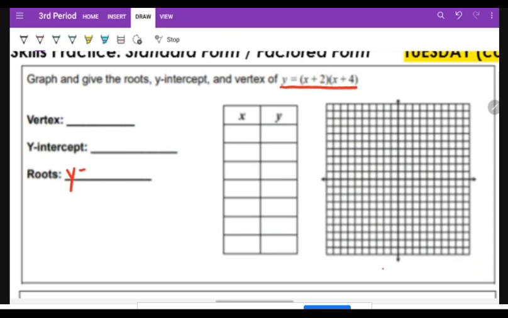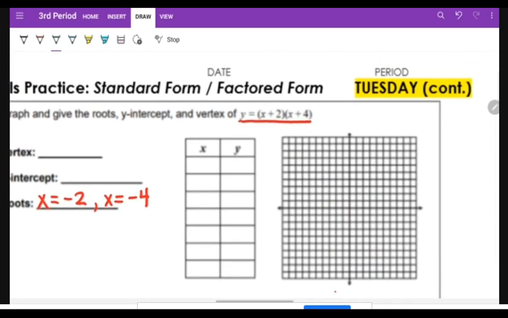Our roots will just be x equals -2 and x equals -4. Then we should convert this into standard form in order to find our vertex and our y-intercept. Standard form will be y equals x squared plus 6x plus 8.